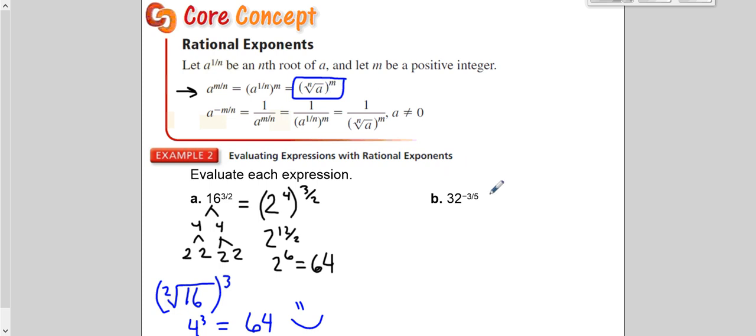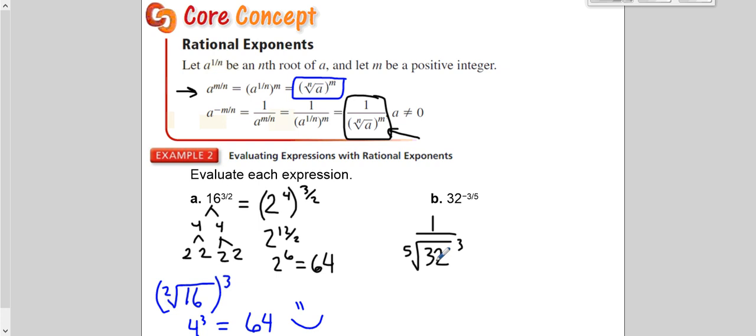Negative exponent: 32 to the negative 3/5. Since we have a negative exponent, we're going to write it like this one. Negative exponents give us reciprocals, so this is 1 over 32. Because this is a fraction, we're going to put it in a radical. The denominator becomes our index, and the numerator becomes our exponent.